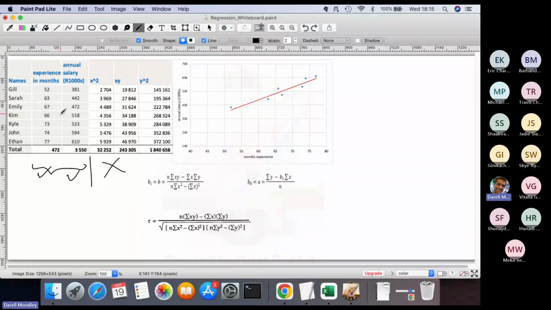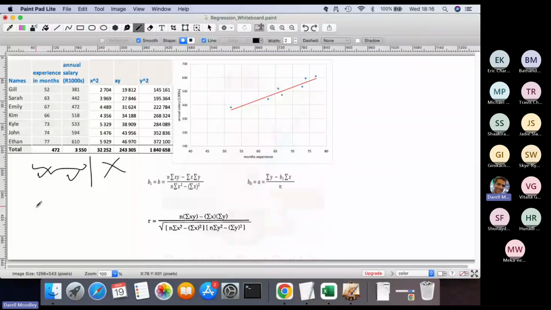So intuitively, you would see that the more experience you have, the higher salary you could demand. That's the relation which you would expect. So my question to you is, which column influences the other column? What I'm asking is, does your experience affect your salary, or does your salary affect your experience?